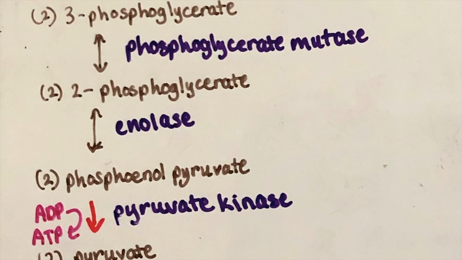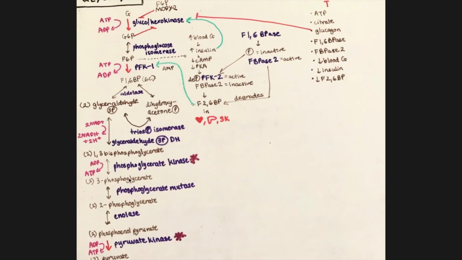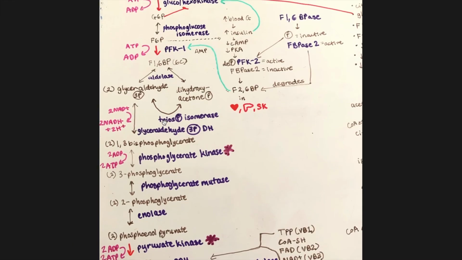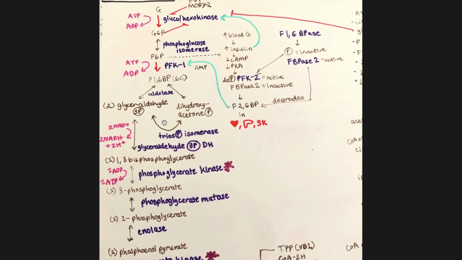So what did we form from this entire glycolysis process? We formed 2 pyruvate molecules, which will go into the TCA cycle later on. I put stars next to pyruvate kinase and phosphoglycerate kinase to indicate that ATP is made in these 2 steps and that there's substrate level phosphorylations. So what is the net outcome of glycolysis?